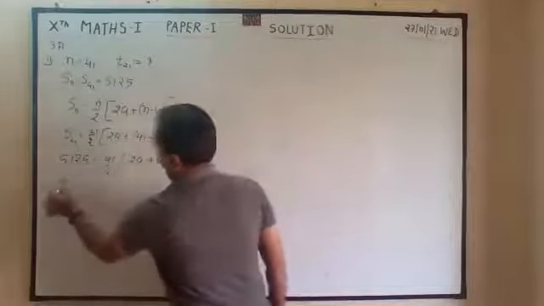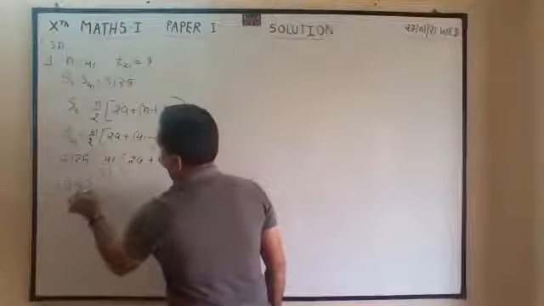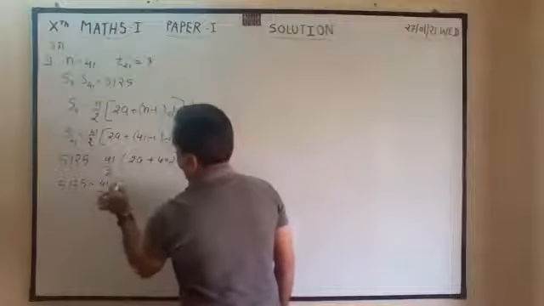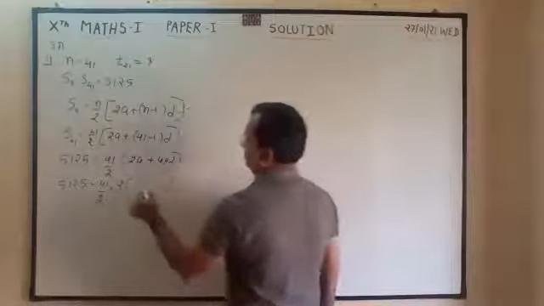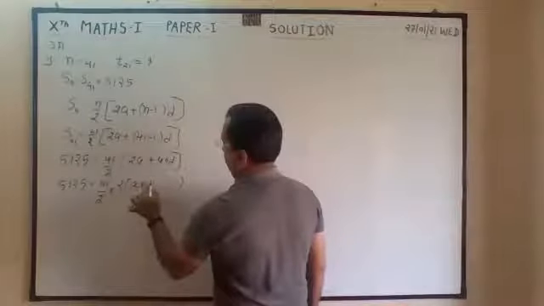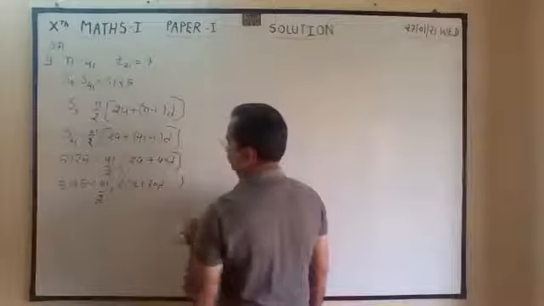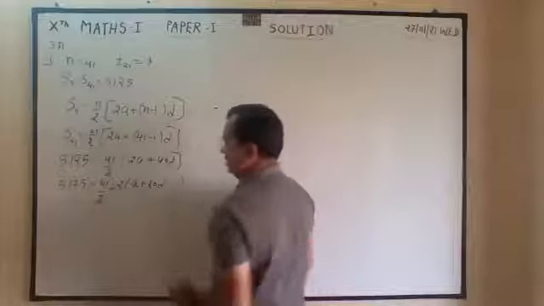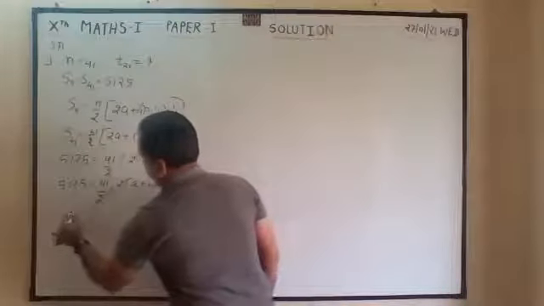Now take 2 common. 2 common, a only, 20d. Now this will cancel and this will go down.